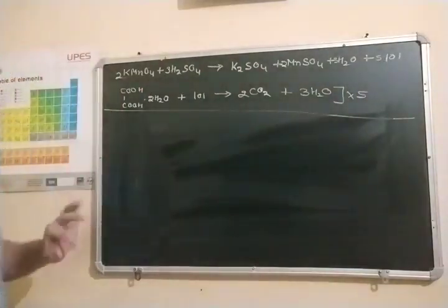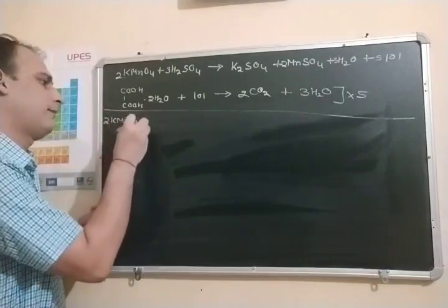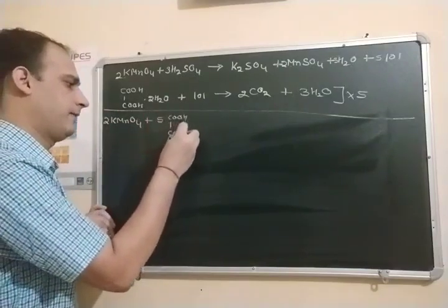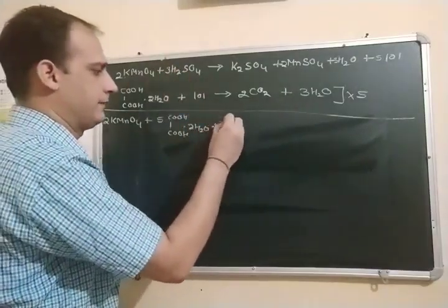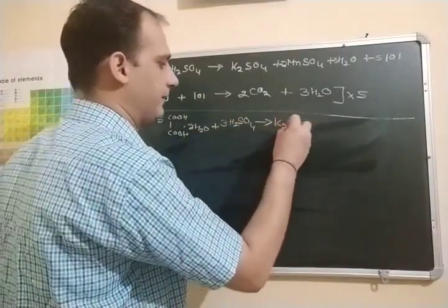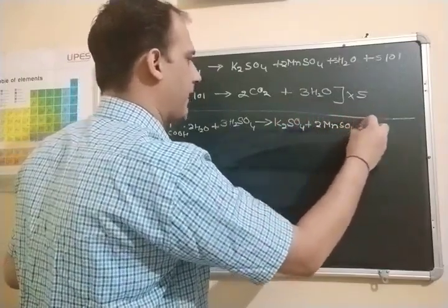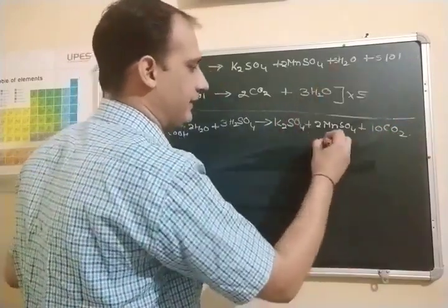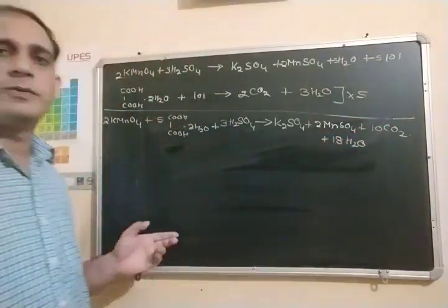As far as the overall equation is concerned, now 2 KMnO4 plus 5 (COOH)2·2H2O plus 3 H2SO4 give rise to K2SO4 plus 2 MnSO4 plus 10 CO2 plus 5 times 3 is 15 and 3, 18 H2O. So this will be the overall equation.